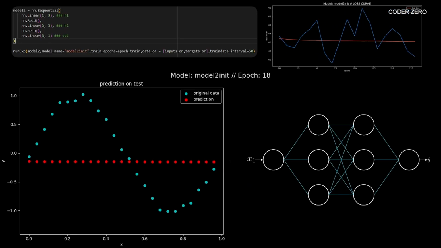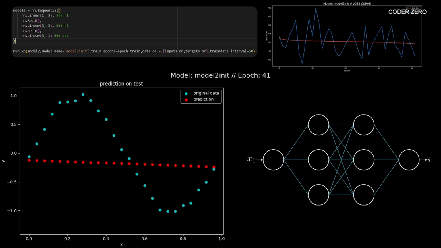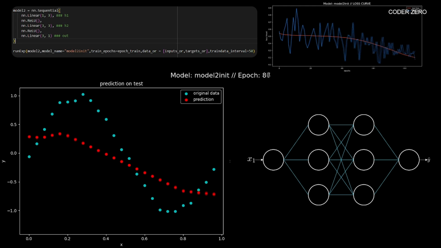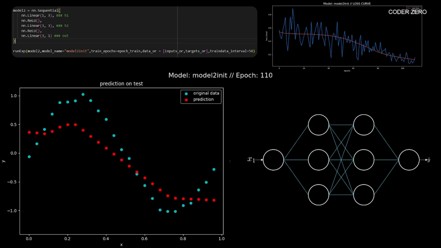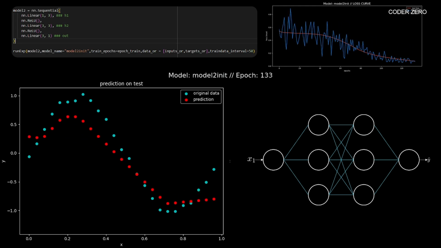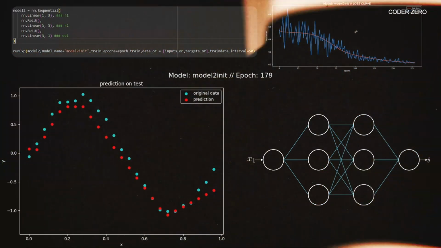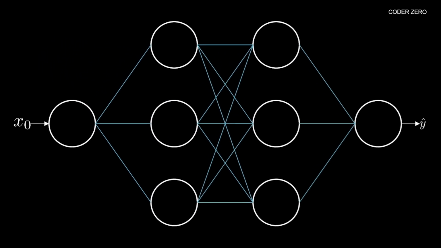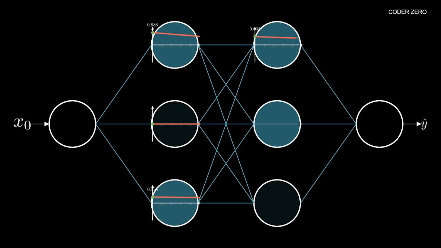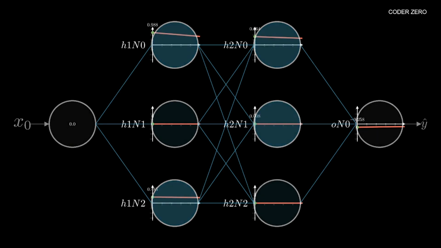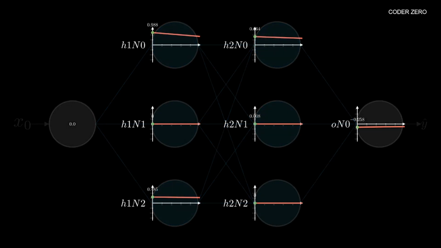Remember this network. This network was able to fit this nonlinear data perfectly. Let's see how each and every neuron of this network works together during training to fit this data, or should I say to learn this nonlinear pattern. Now here at the beginning of the training, all the weights and biases are getting initialized, and now the training starts.